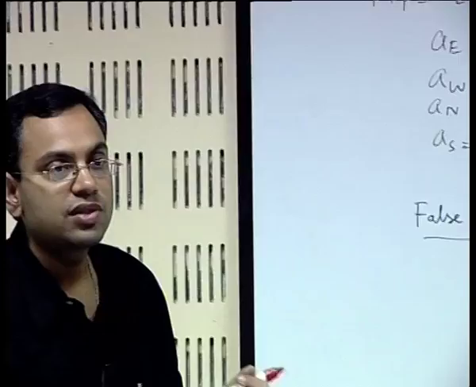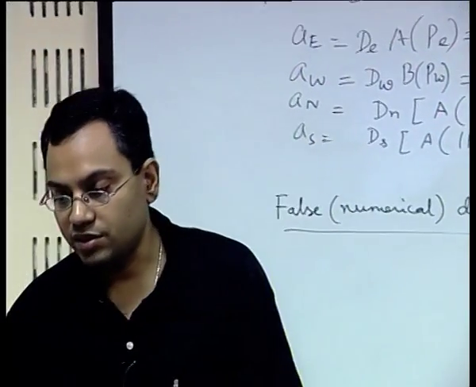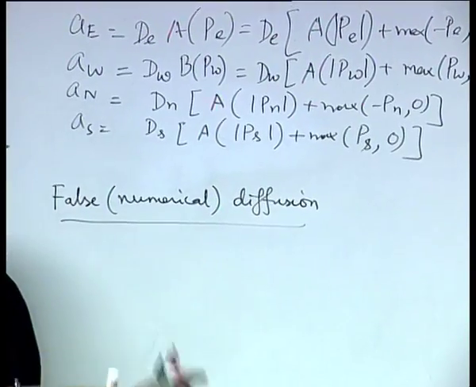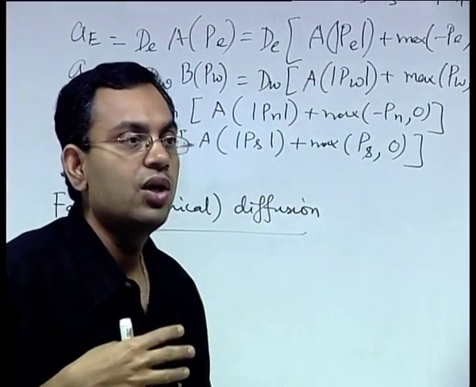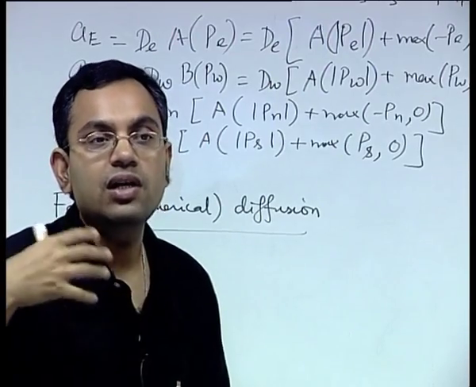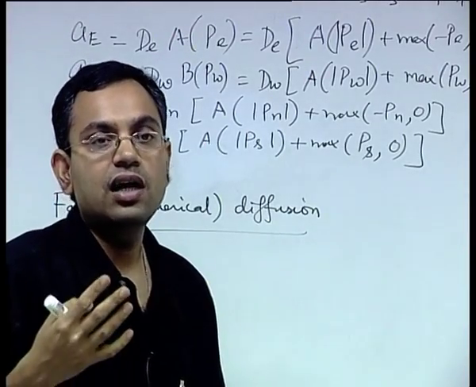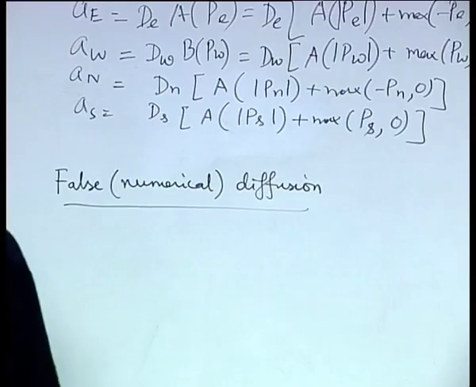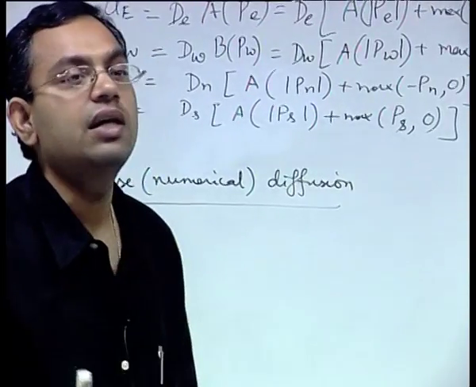When these convection diffusion schemes were developed, remember that the original viewpoint of this false diffusion was not based on the entire sequence of development that was available to the community. People first thought about it when they faced a contradiction, when the upwind scheme was thought of as a remedy to some of the problems which the central difference scheme used to give. Traditionally, the finite difference community was happy with the central difference scheme.